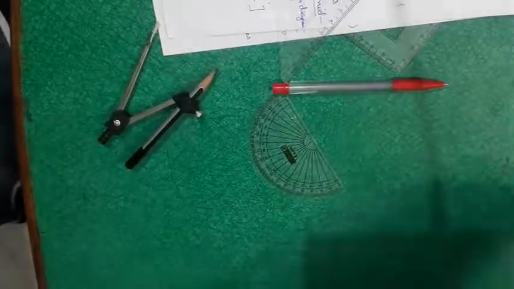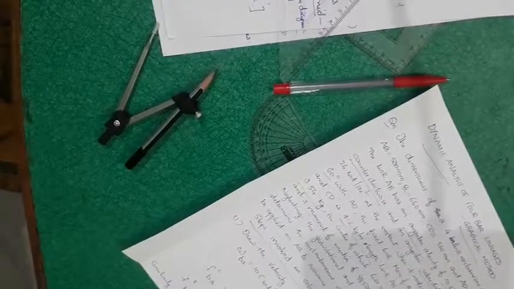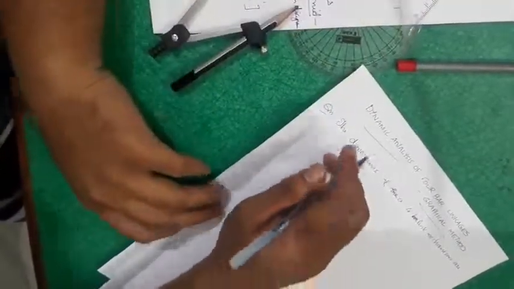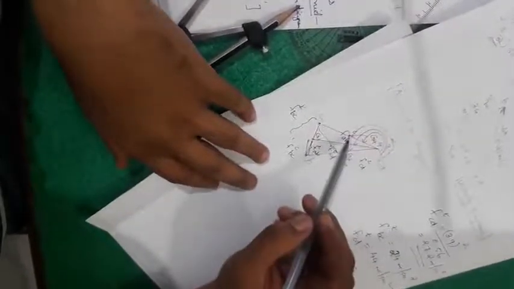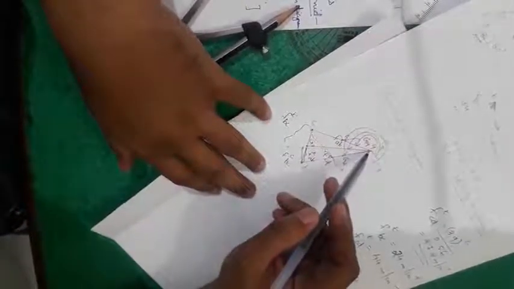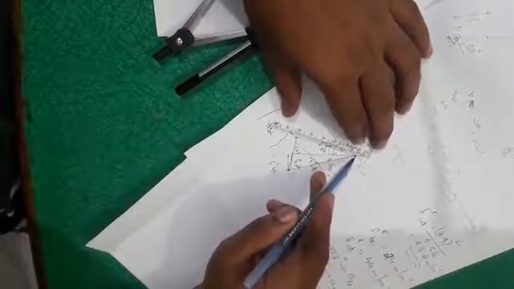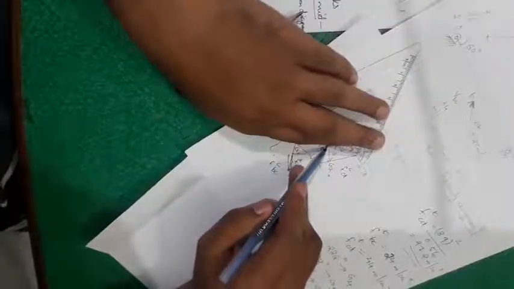Now the values of the center of masses can be measured from here. So it is 22.5 for G2.